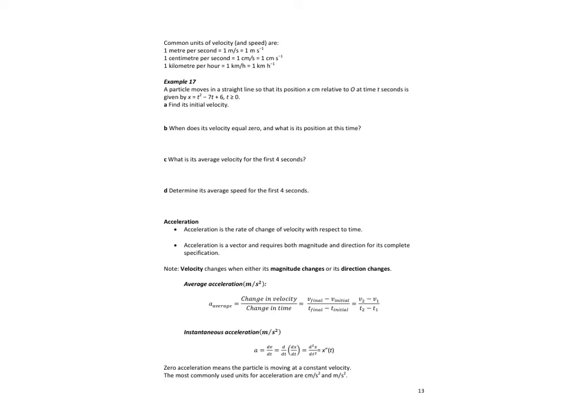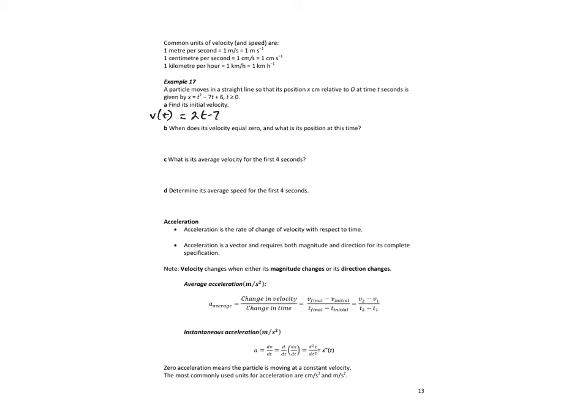Typically our units of velocity are metres per second, kilometres per hour, all those sorts of things. So let's go back to our question that we've been looking at. Very quickly, the rule for my velocity is given as 2t minus 7, the derivative of that equation.